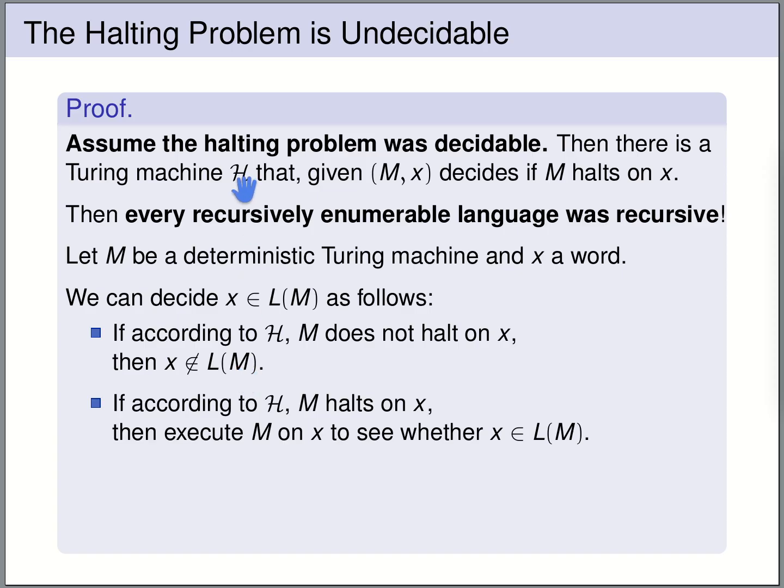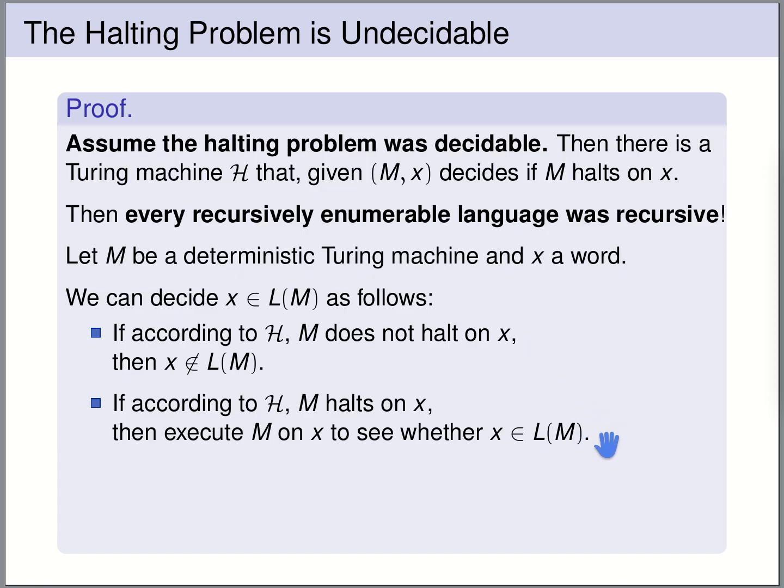And if our oracle machine says no, M does not halt on input X, then we know immediately that X is not in the language of M. So we can immediately stop and say, no, it's not in the language of M.